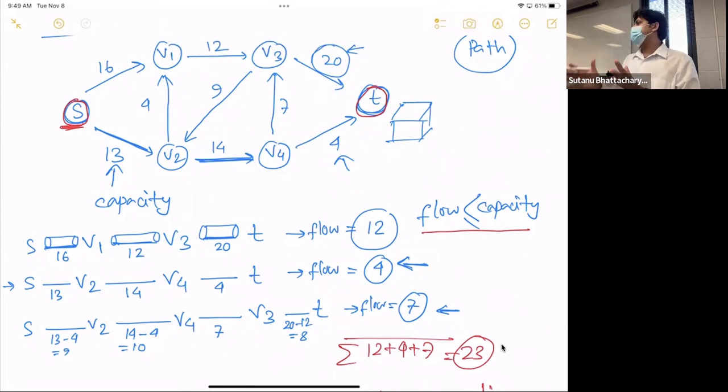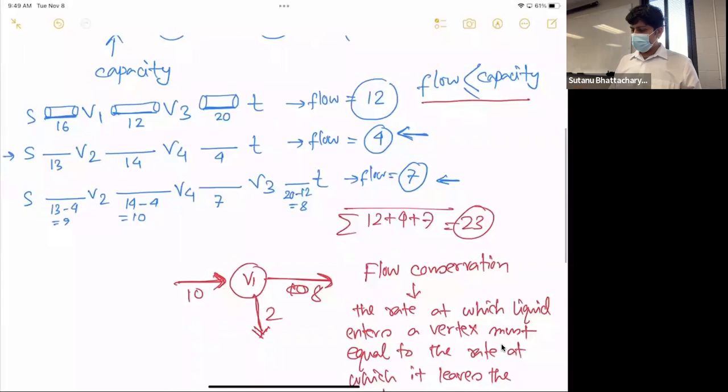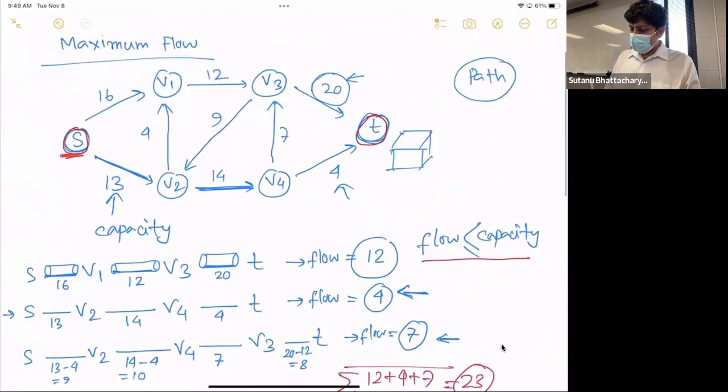These are assumptions. So this is the max flow problem. This is the special node, source, and this is the terminal node, or you may think of it as the sink node.